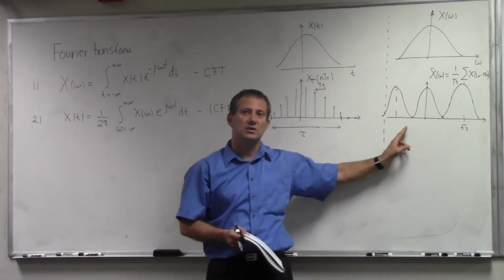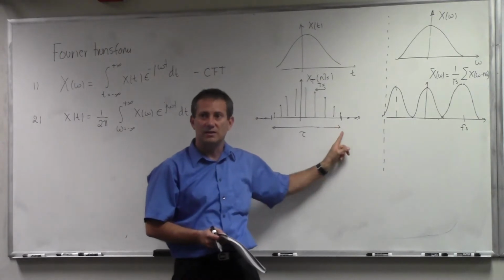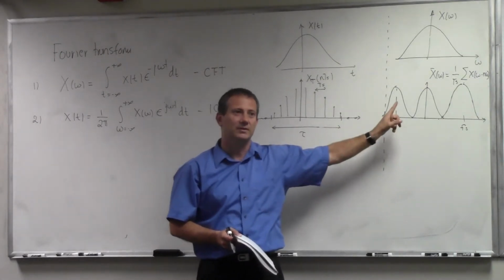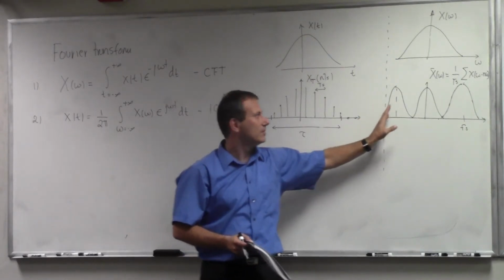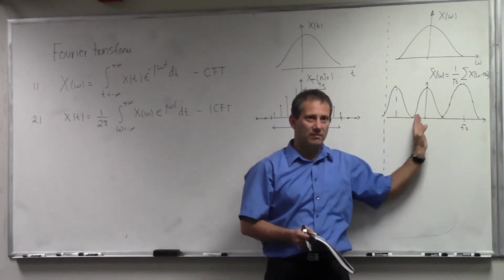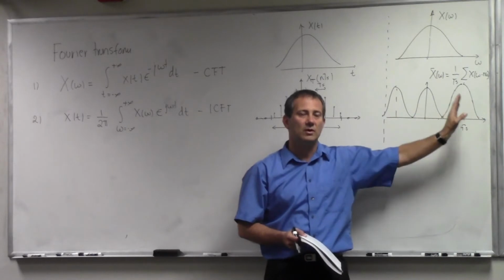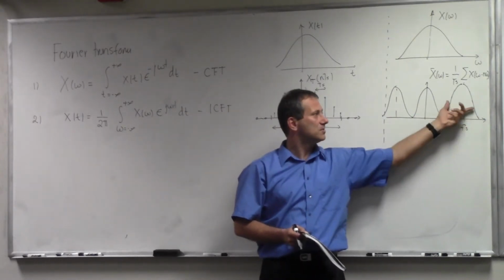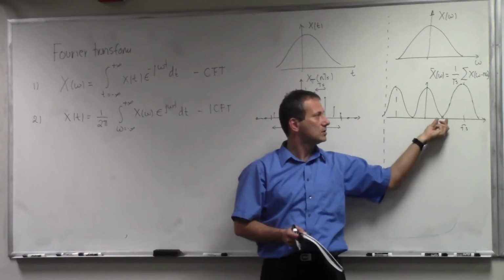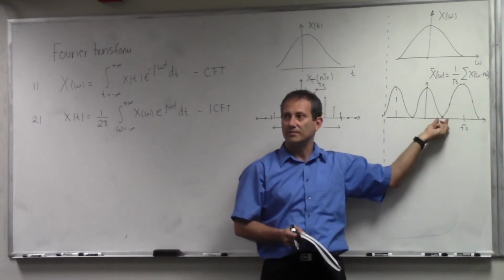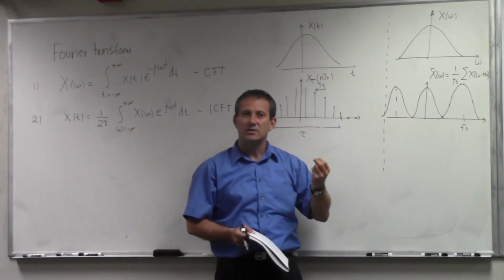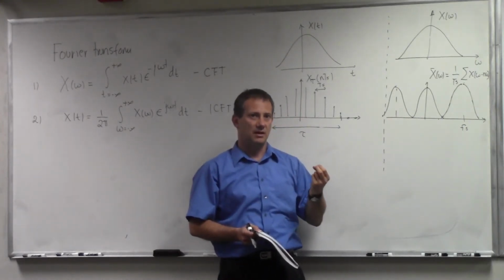Why? Because the fact that I'm truncating the signal in the time domain will make its spectrum infinite. So even though my process of sampling will replicate this spectrum, because the spectrum is now infinite, there will always be an overlap here. Now, what is the way of dealing with that overlap?